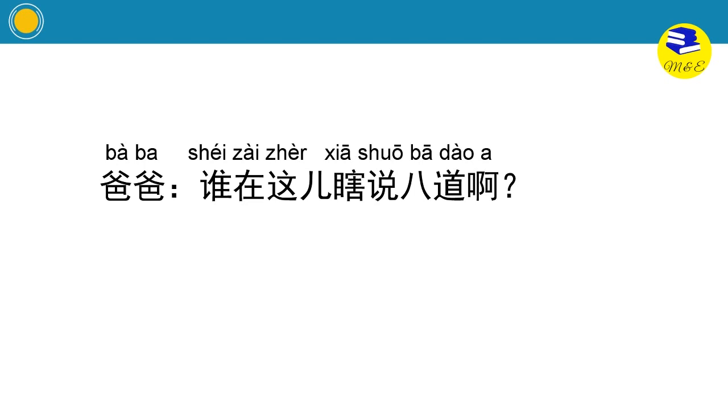So let's see who speaks next. 爸爸 appears. Yes. 爸爸 said, 谁在这儿瞎说八道啊? So 瞎说八道, what does it mean? Well, you can look at the translation first. It means who's talking nonsense here. So obviously 瞎说八道 means talk nonsense. It's something like 别胡说, meaning almost the same.